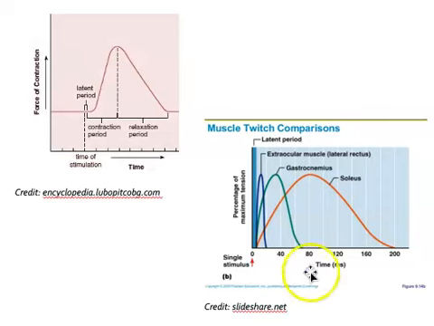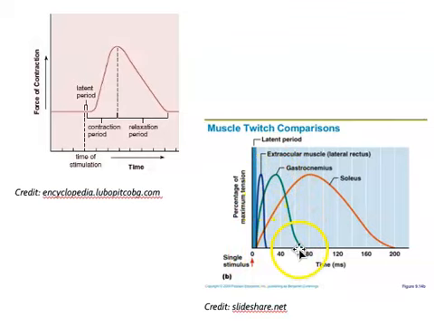It makes sense, in other words, that if you looked at the extraocular muscle, the lateral rectus, one of the eye muscles that helps move your eye, the twitch for that muscle is very fast. We talked about this. Your eye muscles need to be capable of very rapid, but not very sustained movements. Now, if you look at the gastrocnemius muscle, the muscle on the back of your calf, that one needs to produce a more sustained contraction.